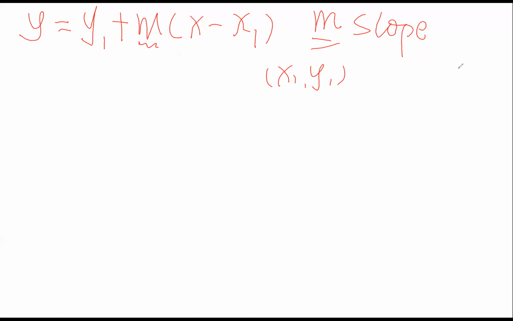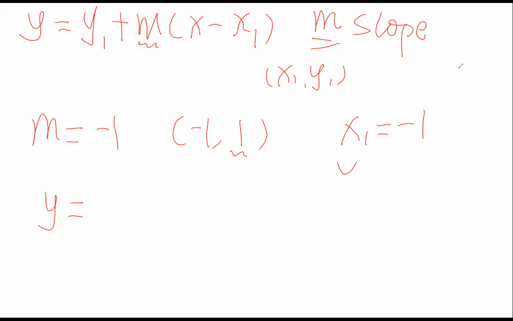So we use this equation in this exercise. We know the slope of this line, m, is equal to -1, and the line passes through the point (-1, 1). So the equation of this line will be y is equal to y sub 1 plus m multiplied by x minus x sub 1, where x sub 1 is equal to -1 and y sub 1 is equal to 1.